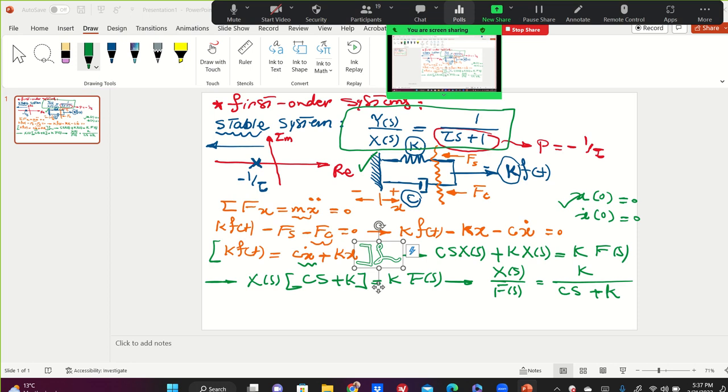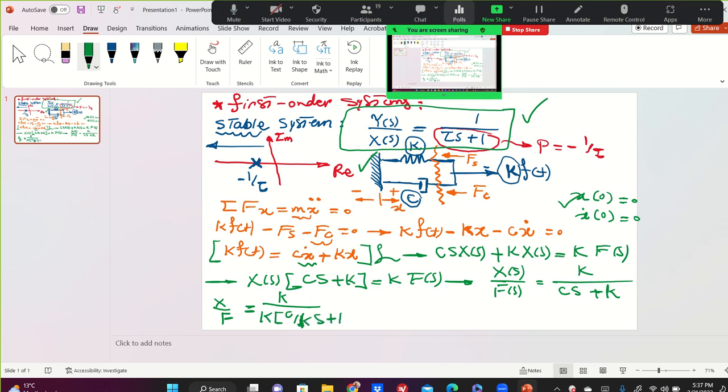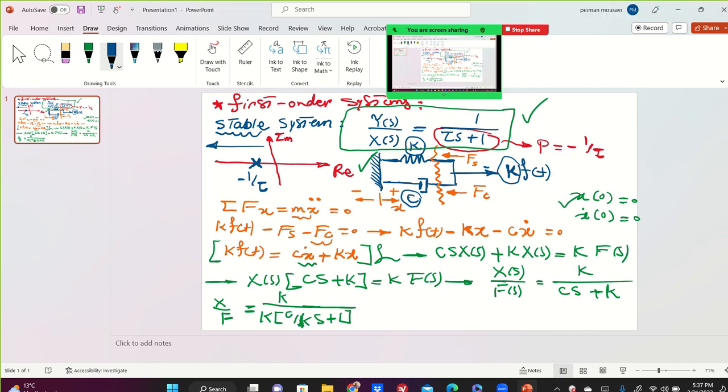Clear, guys? So what you want is to make it into this format. I'm dropping s because we know that in the frequency domain, x over f, you can write like this: K over K times C over K s plus 1. I'm just factoring out K. Now this K with this K cancels.